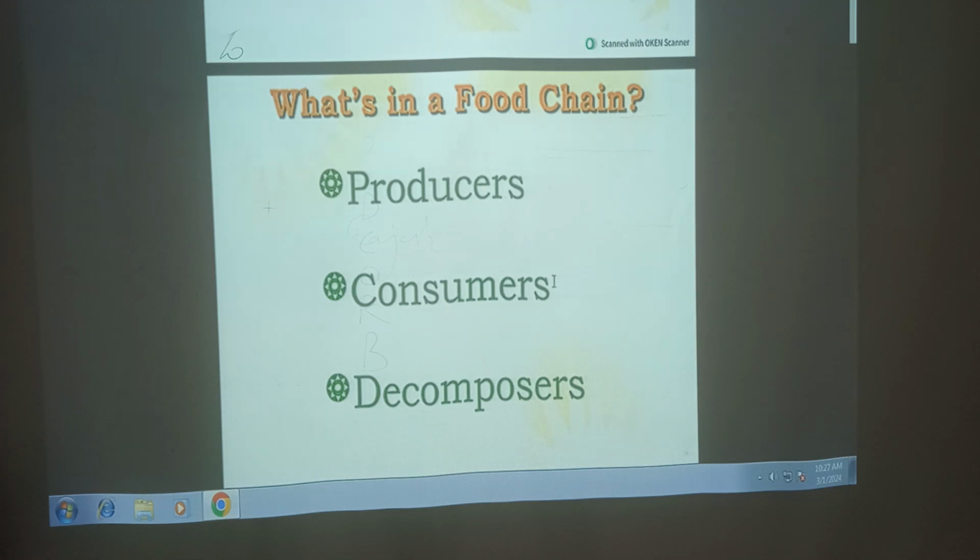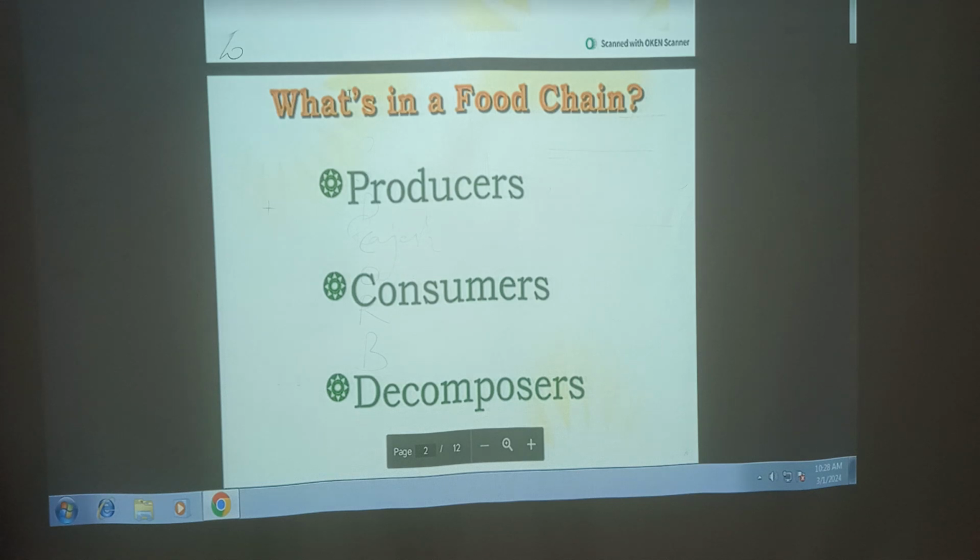Finally, decomposers. You may have heard of earthworms being referred to as a farmer's friend. Decomposers break down complex organic matter into simple inorganic substances like carbon dioxide, water and nutrients, and the process is called decomposition.